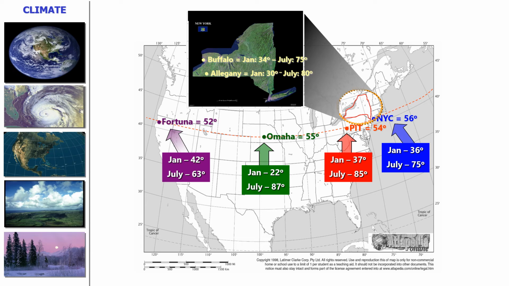The hottest recorded temperature in Buffalo, New York is 99 degrees. They've never made it higher, and that's because Lake Erie helps keep it cool. Whereas in Allegheny, I would say on average, we have 1 or 2 days a year that actually peak at like 101 or 102 degrees.